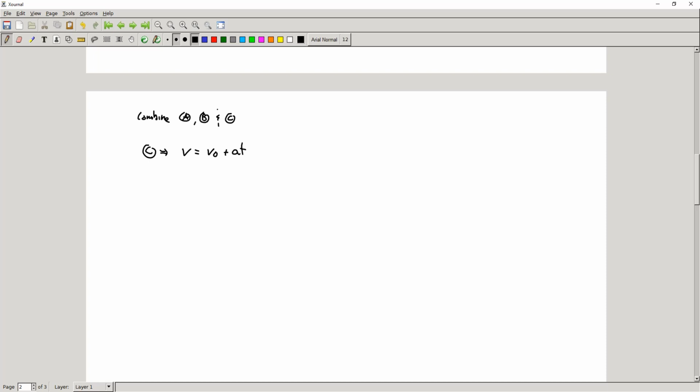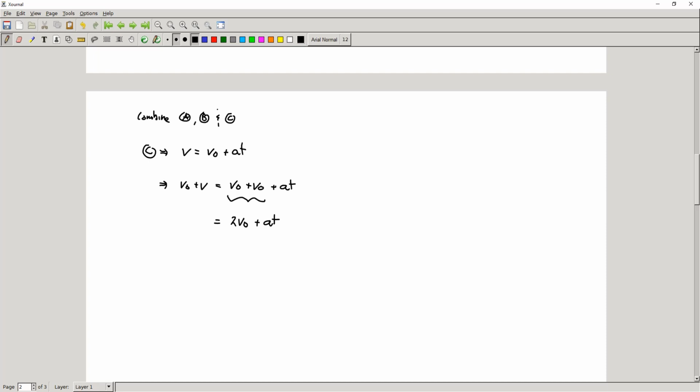Let's then add V naught to both sides. Okay, we're allowed to do that. So let's say V naught plus V equals V naught plus V naught plus AT. If we then collect together these two V naughts, we're simply going to end up with 2V naught plus AT.